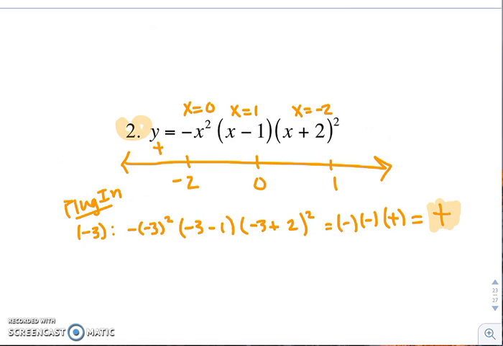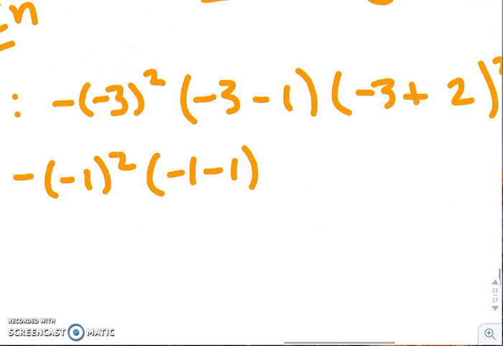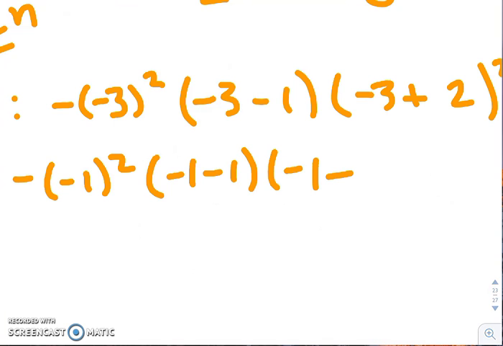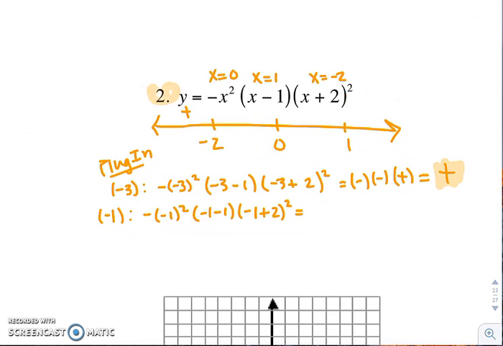So then we need to plug in a number in between negative 2 and 0. The easiest one I can think of is negative 1. So negative 1 squared times negative 1 minus 1 times negative 1 plus 2 squared. Negative 1 squared is positive, but times that negative in the front is going to give us a negative value.